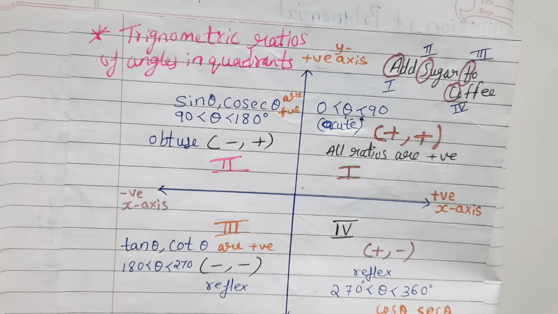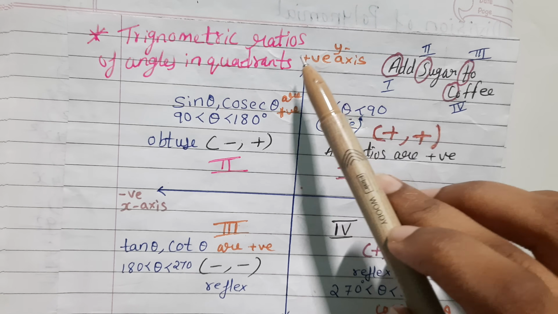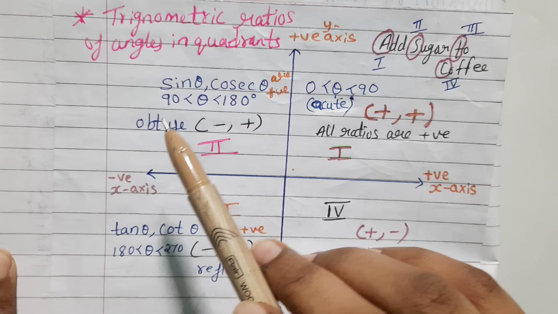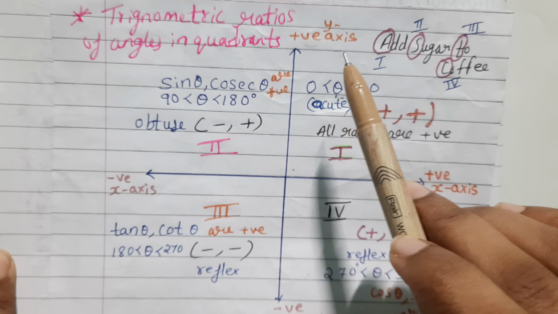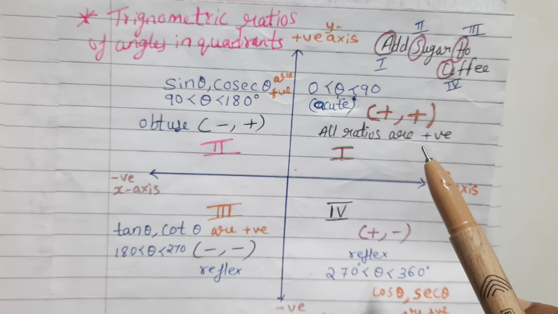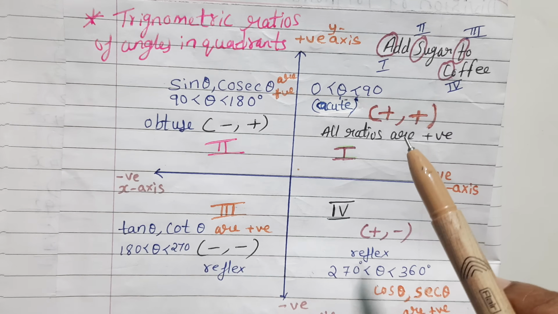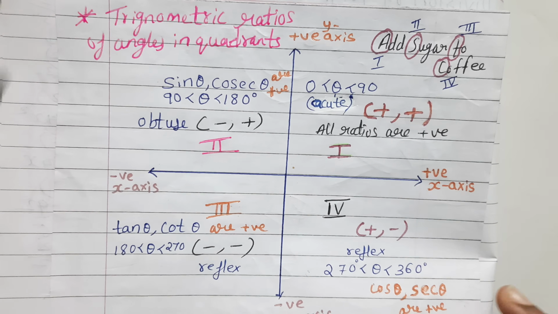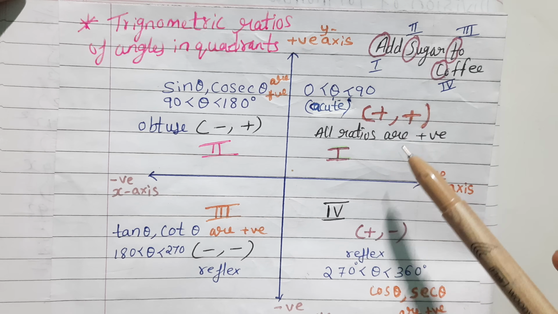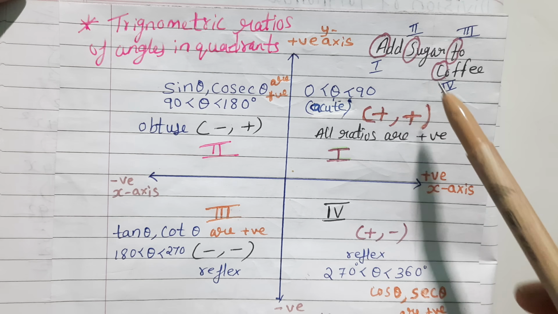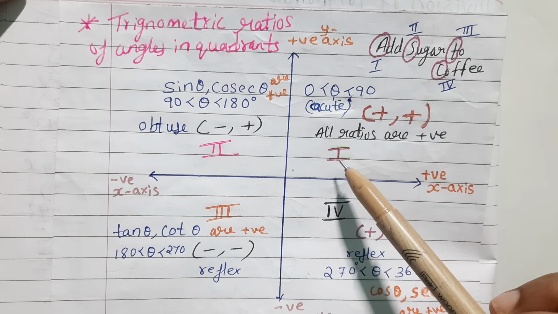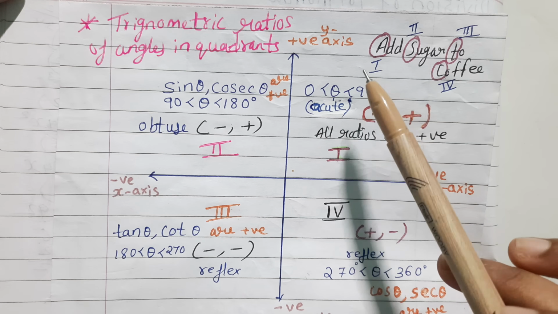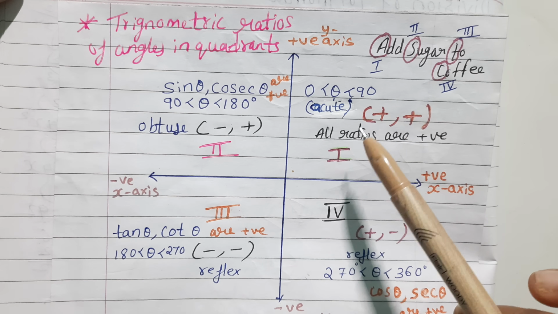So now we'll discuss the trigonometric ratios. Here you can see the trigonometric ratios of angles in quadrants. This is quadrant 1, and here all the ratios are positive. Here theta will lie between 0 and 90, and you call this part an acute angle.